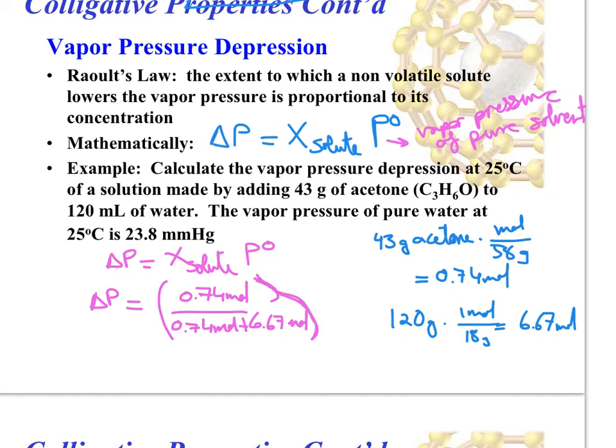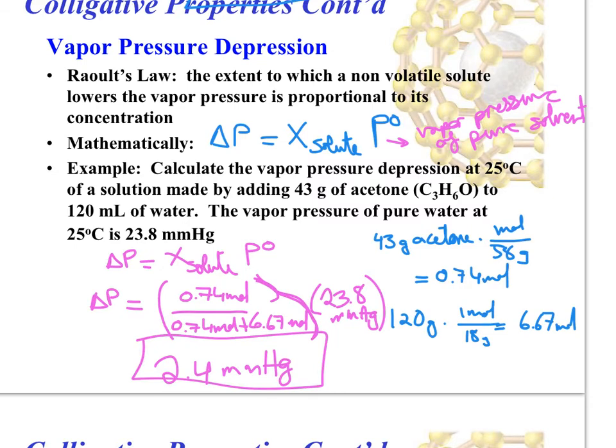So this is my mole fraction that's in the bracket, and then times P naught, which is the vapor pressure of the pure solvent, and that is 23.8 millimeters of mercury. When you multiply that together, you end up with 2.4 millimeters of mercury.